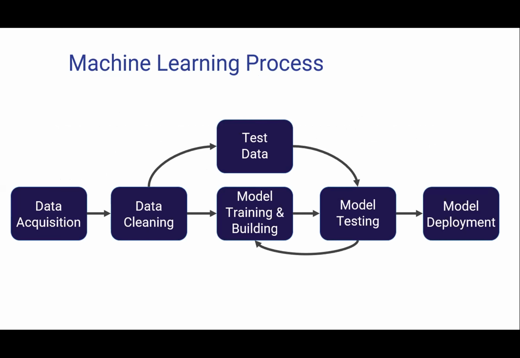We have data acquisition, the very first step. The ultimate goal with machine learning is that I will collect lots and lots of data, lots and lots of examples to learn from, and I will learn that process. The process that I want to learn is going to be beneficial for me in some way, whether it is a movie recommender system, or whether I want to predict whether it will rain next year or not, or whether I should invest in this share in this company or not.